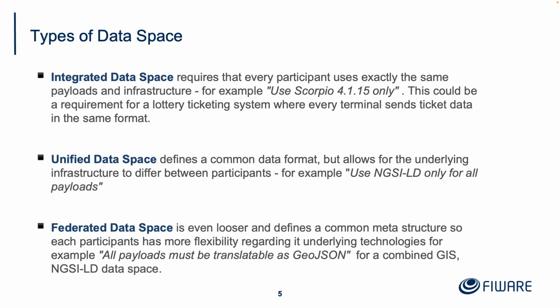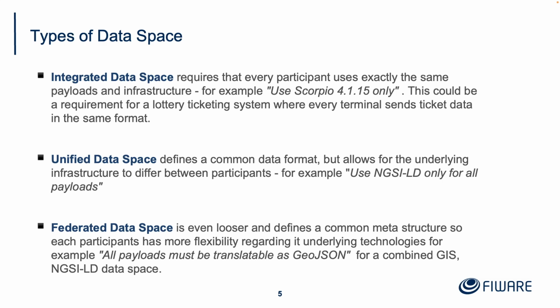Now, there are multiple types of data space, and they range from very strictly defined ones to very loosely defined ones. You could imagine a data space, an integrated data space, where you have a rule book which says you just use one payload, you just use one type of context broker.